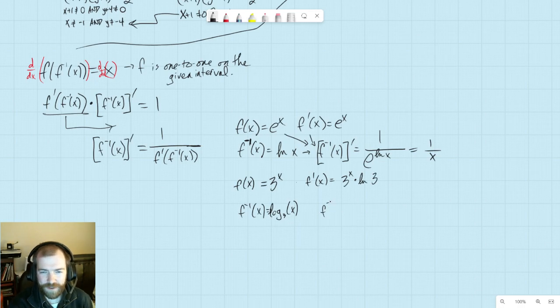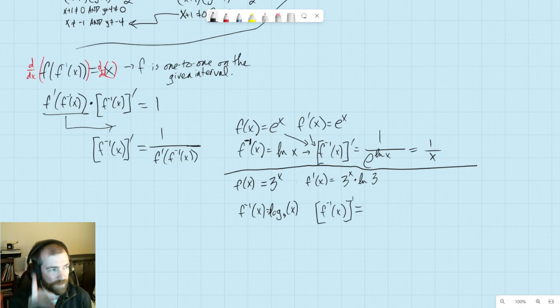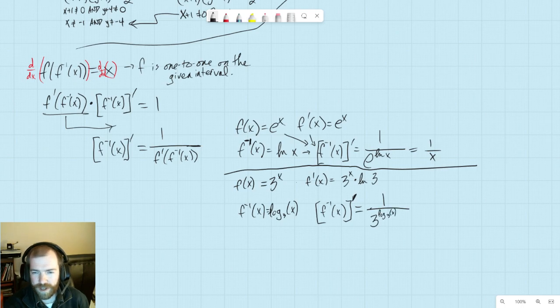So then the derivative of f inverse of x is going to be equal to 1 over 3 raised to the log base 3 of x times the natural log of 3. And so this is going to be equal to 1 over x times the natural log of 3.